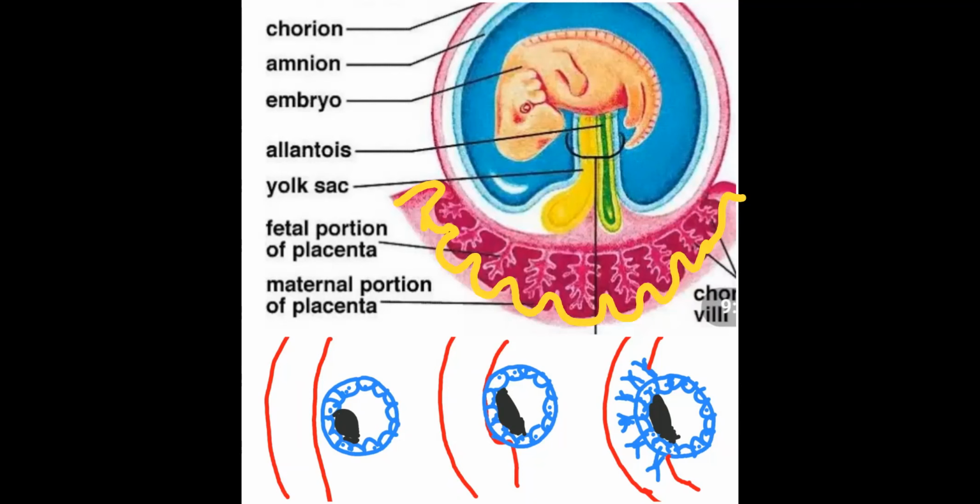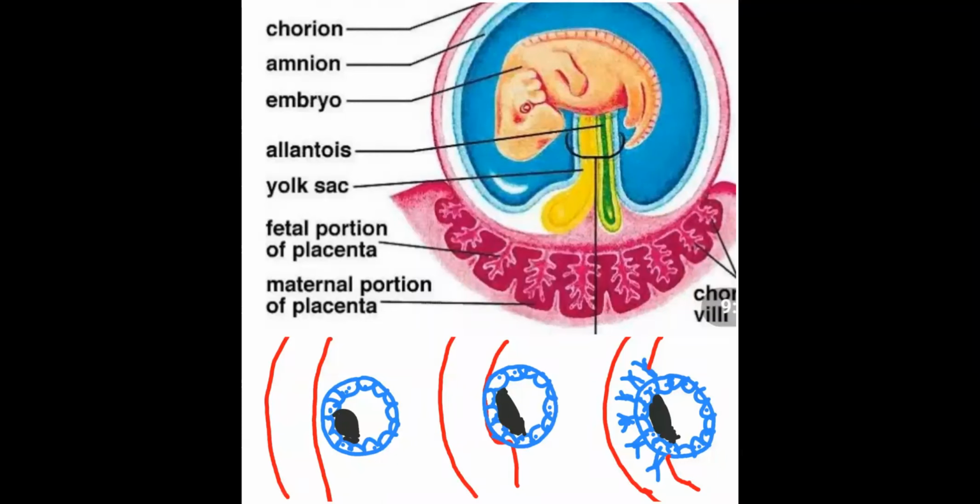And on the other side, these all are the chorionic villi that are projected from the blastocyst. And this common patch with maternal tissue as well as embryonic tissue, together it forms the placenta.